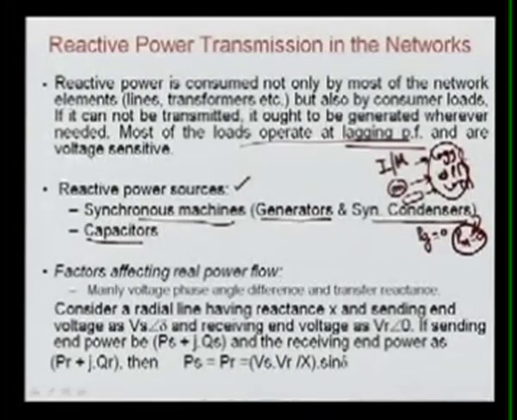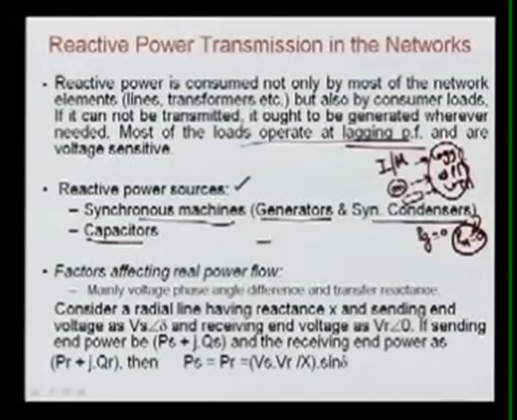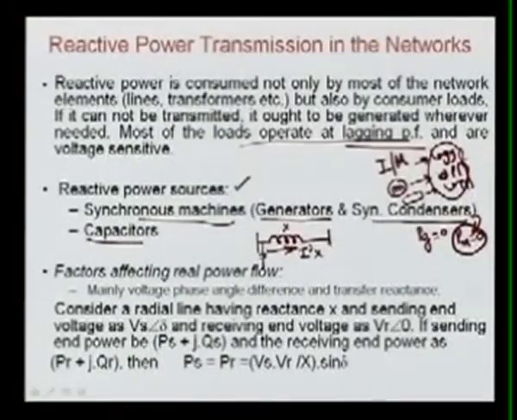Another source of reactive power is no doubt the line, but once it is lightly loaded, it can generate reactive power. Here, if we say this is a line, let's suppose it is having reactance X. The reactive power consumed by the loss in the line will be I square X. At the same time, as we know, we have the distributed parameters, that is the charging capacitance of this line, which can be represented by the pi equivalent, that is a capacitor.